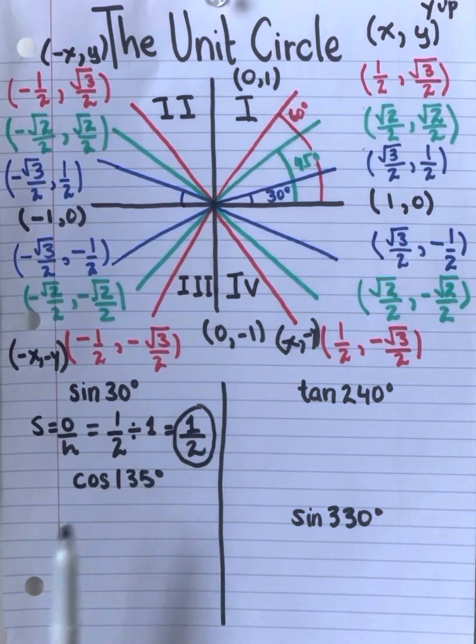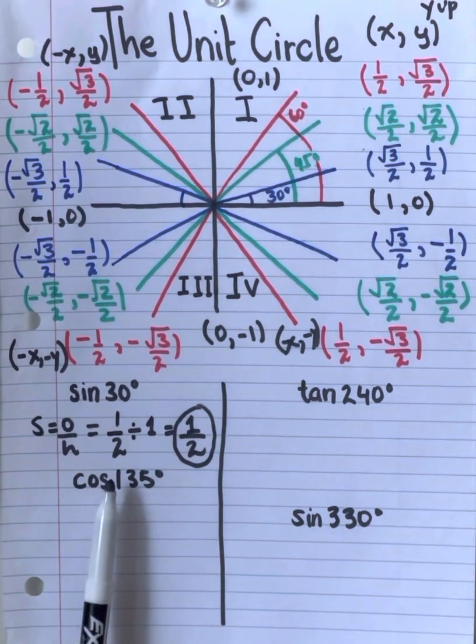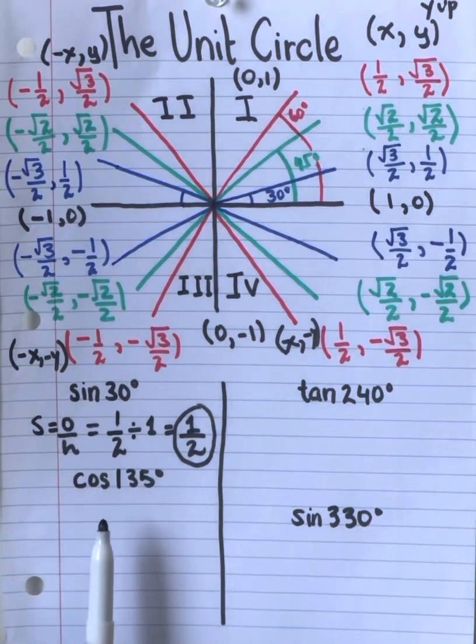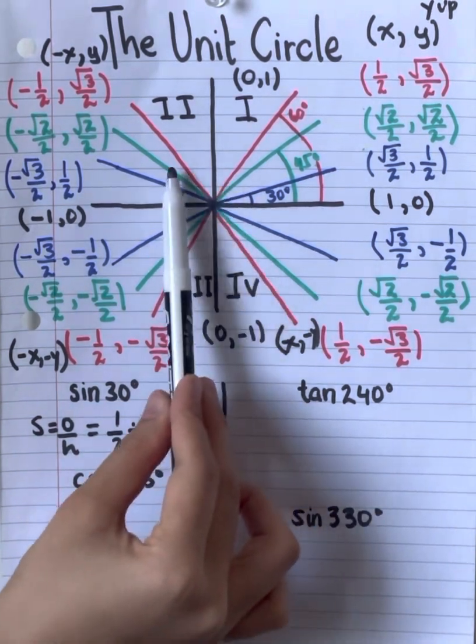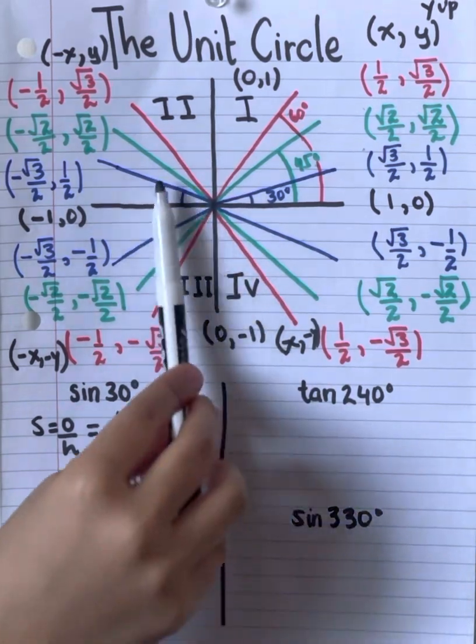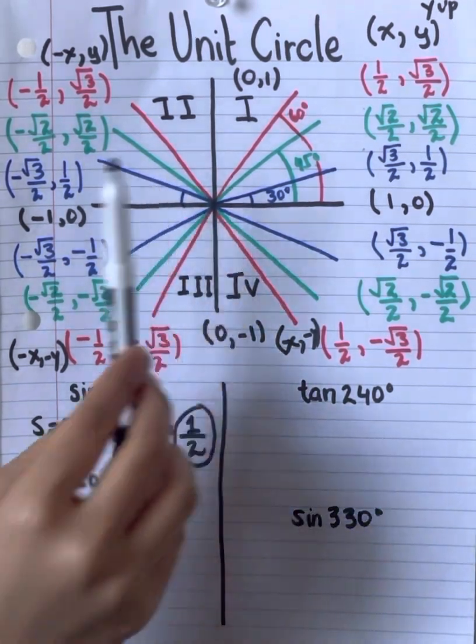Now, for our cos 135 degrees, we have to find the angle on which. First we have to see which quadrant 135 is forming on.